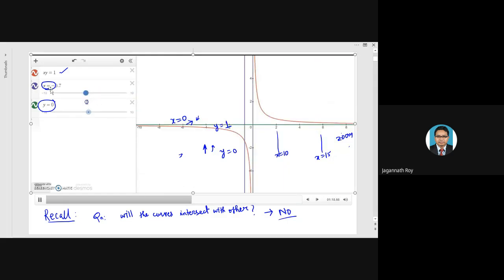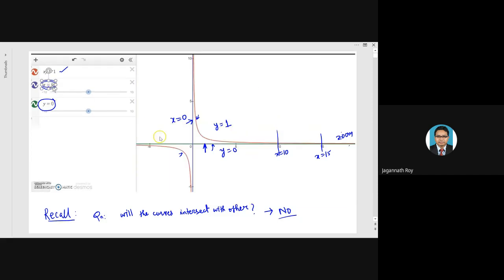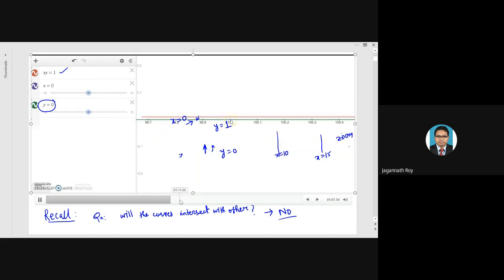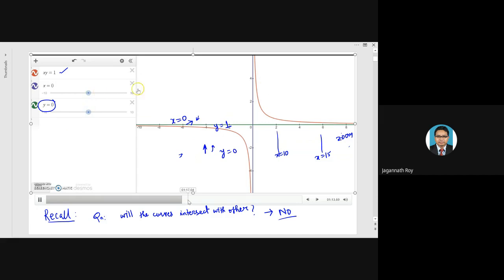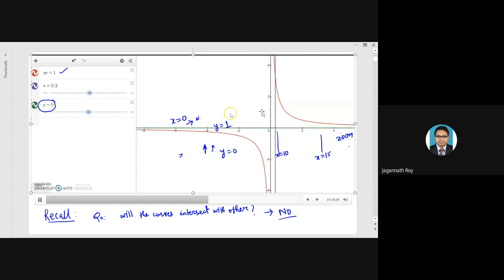So if you check, the values of x and y are changing, here you can see. When we change the value of x, we are dragging this pointer, and then we can see that this violet color line is actually changing. It is intersecting with the red curve.